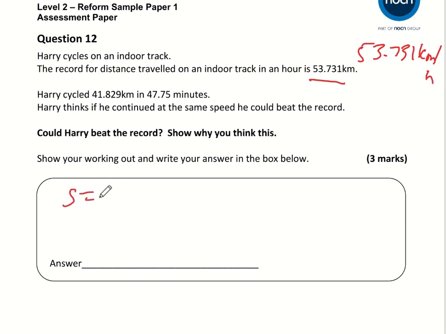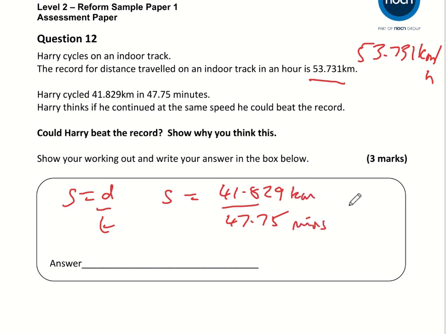Now the speed is the distance divided by the time. So the distance is 41.829 divided by 47.75 minutes. Because this is kilometres and this is minutes, my speed is going to be in kilometres per minute, and that comes to 0.876 kilometres per minute.